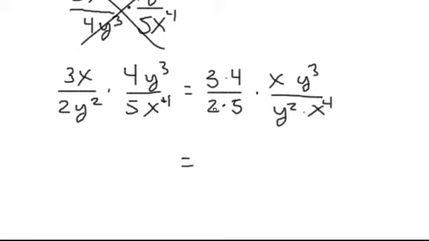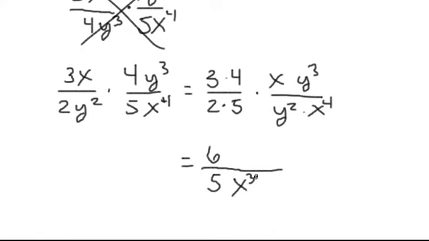Okay. Well, 2 goes into 4 2 times, and 2 times 3 is 6. So we're going to be left with a 6 here. Alright. x, we have 1 x and we have 4 x's in the denominator, so we can cancel this x out and we'll just be left with 3 x's in the denominator. And I'm going to write that 5 right there.